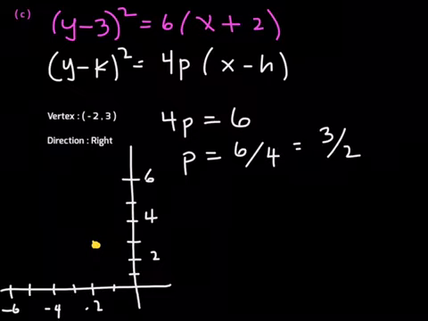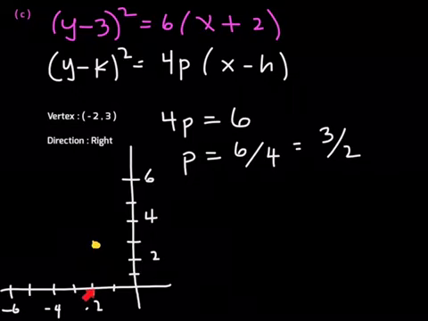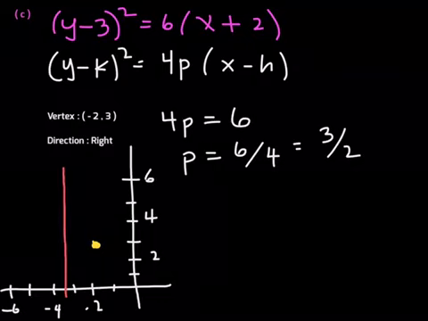So, if I'm at (-2, 3), I'm at x equals -2. If I move 1.5 units to the left, that's 1 unit and then 1/2 of a unit, that would put me at -3.5, 3. So that's what I'm going to draw, a line going right through -3.5, right there.